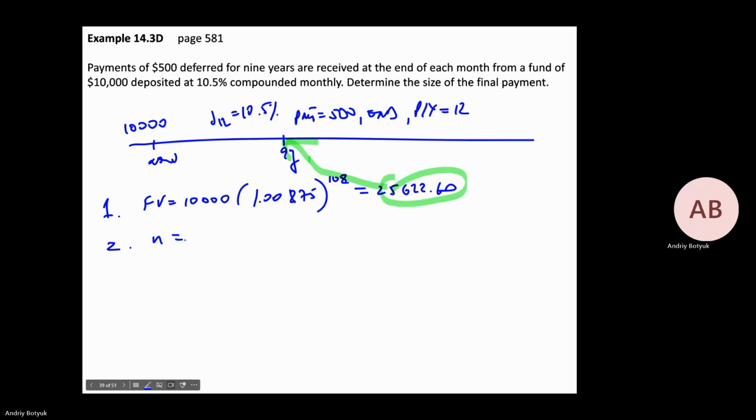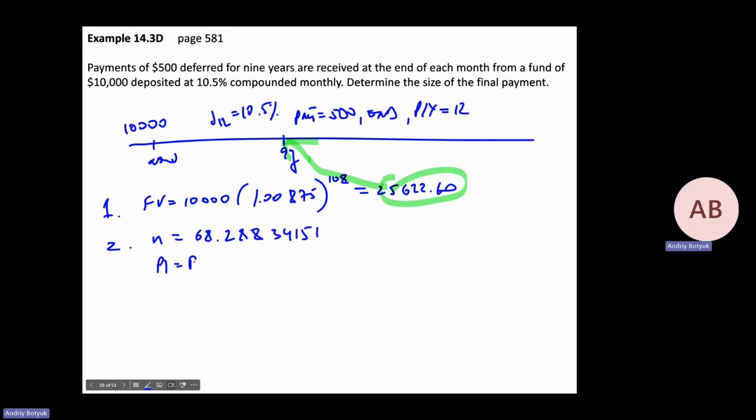So let's find it. 12, right? So 10.5 I/Y, 2562260, that's the present value. 500 payment, computed at the end. So 68.28834.151. So I would like to check method 1 for myself, but let's do what?